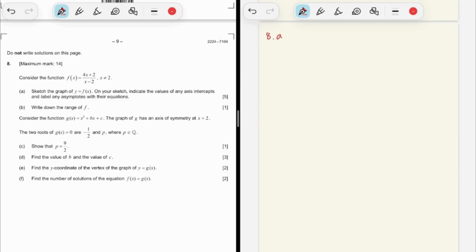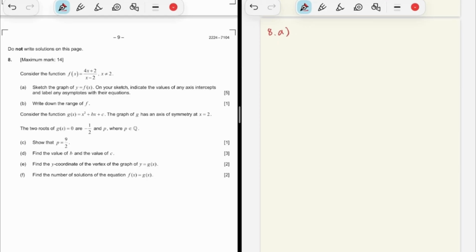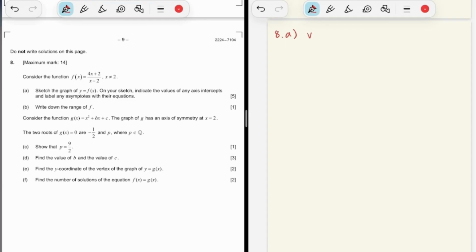Question 8. The vertical asymptote would simply be at x equals 2. And this is because you cannot have a function with a real possible number when you have a denominator of 0. Then for the horizontal asymptote, it would be at y equals 4.